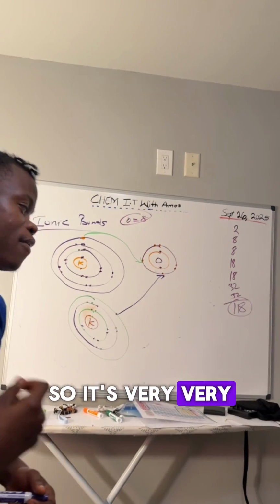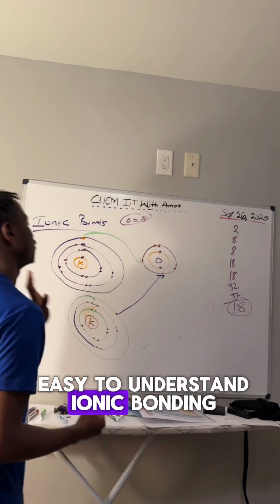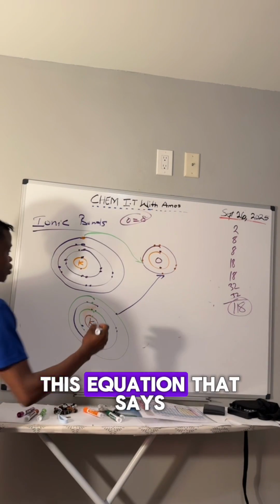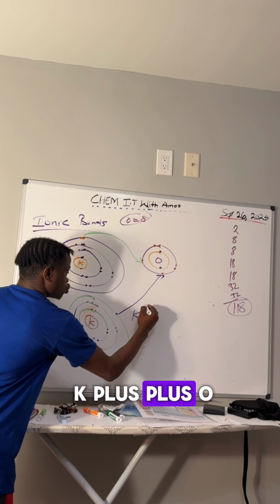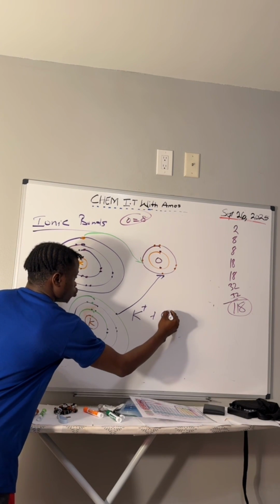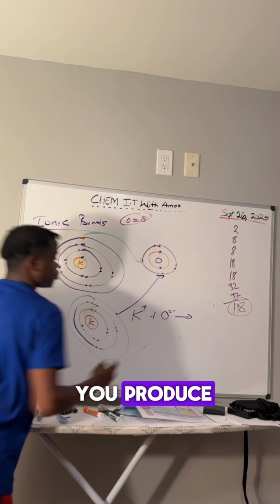So it's very, very easy to understand ionic bonding. We have this equation: if you add K plus and O 2 minus, what will you produce?